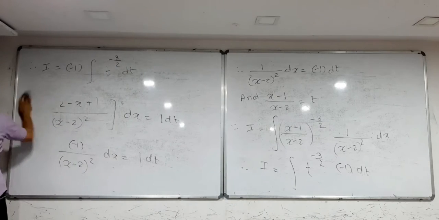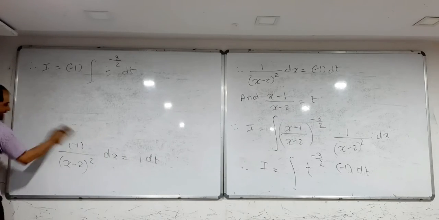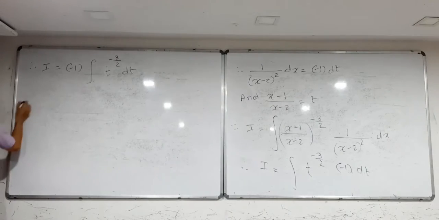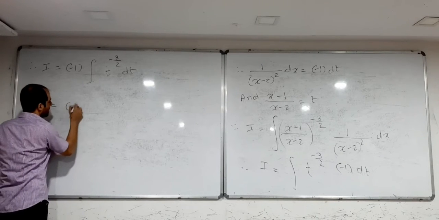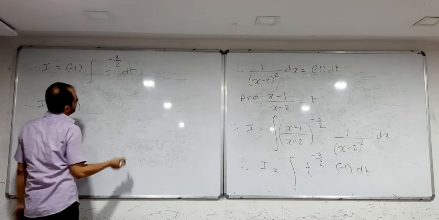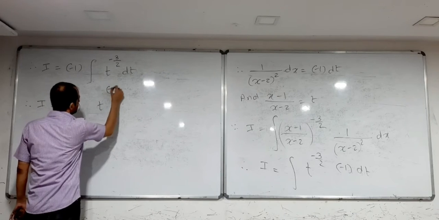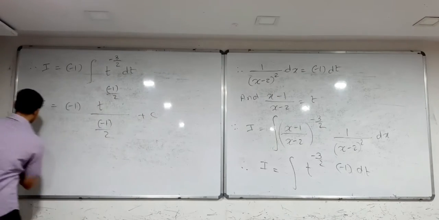Okay, now what is the integration of x raised to n? It is x raised to n plus 1 upon n plus 1. So I is minus 1 into t raised to minus 3/2 upon minus 1/2, so t raised to minus half upon minus half plus c.